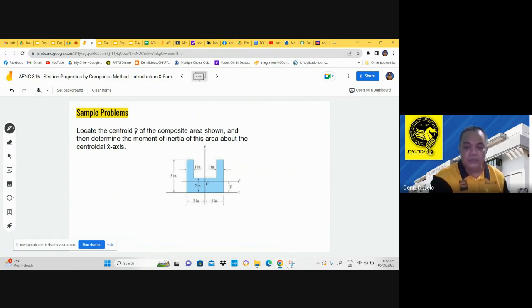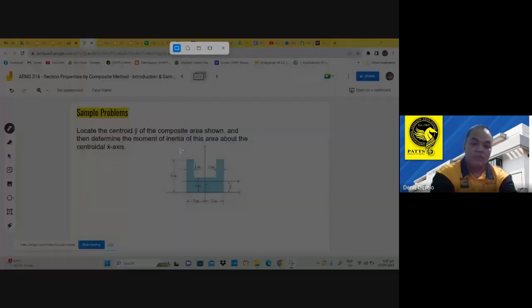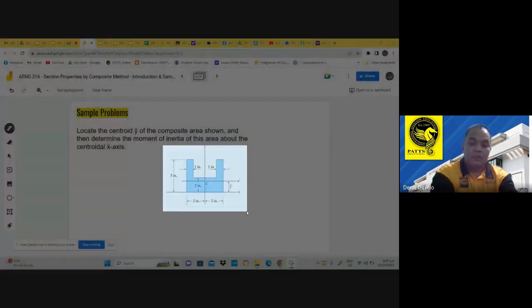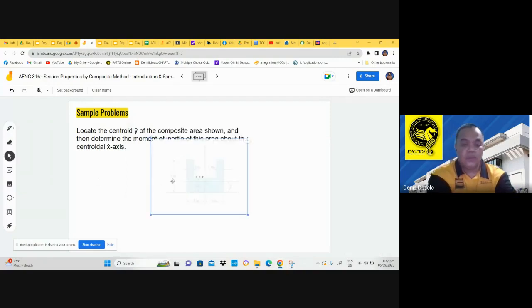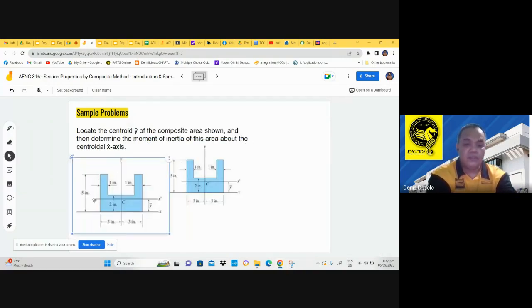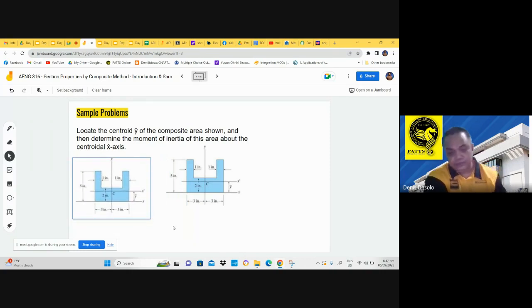So let me skip this so that I can show you properly. How to divide the figure. Out of the four or five, some of you will try to solve this by dividing the whole thing.